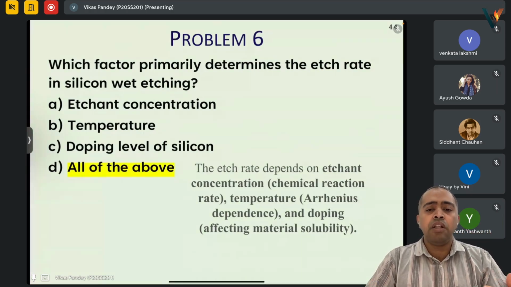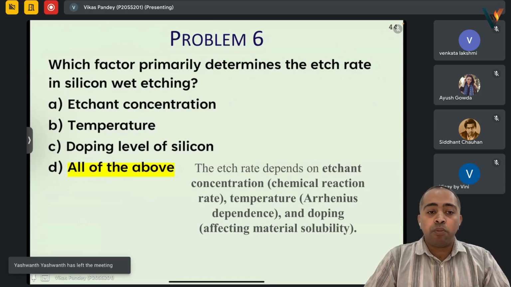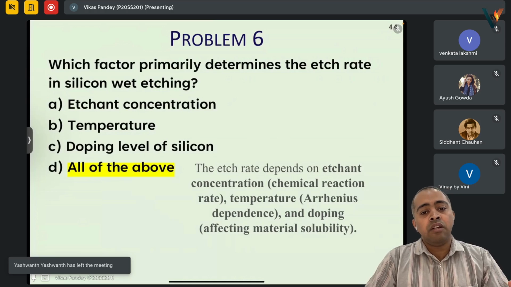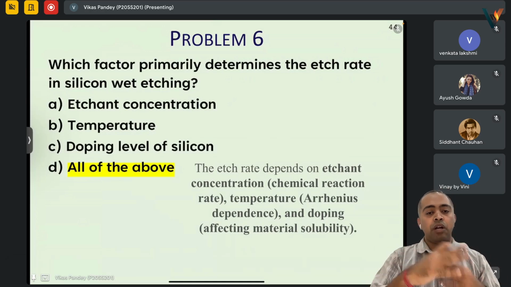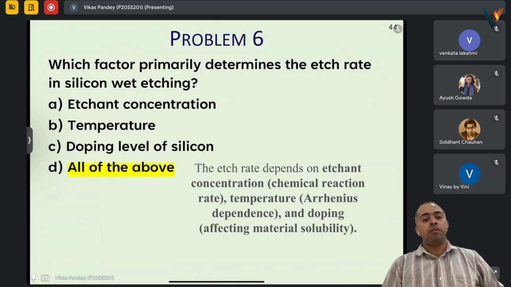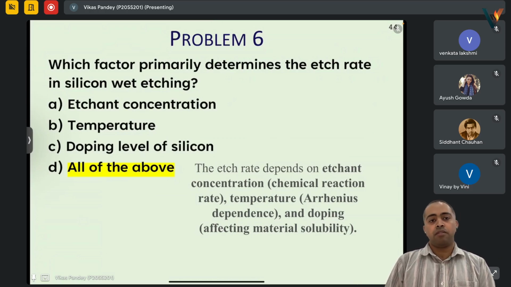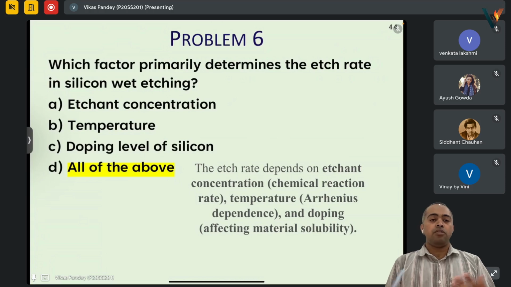The etch rate will depend on all of these: chemical reaction rate, temperature, which is given from the Arrhenius dependence, as well as doping. Doping defines the material solubility, how well it will be soluble or not. As we saw, highly doped boron is not easy to etch out. That is the reason it is used as an etch stop layer.